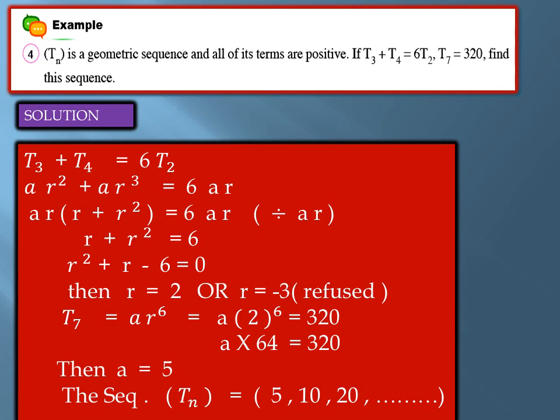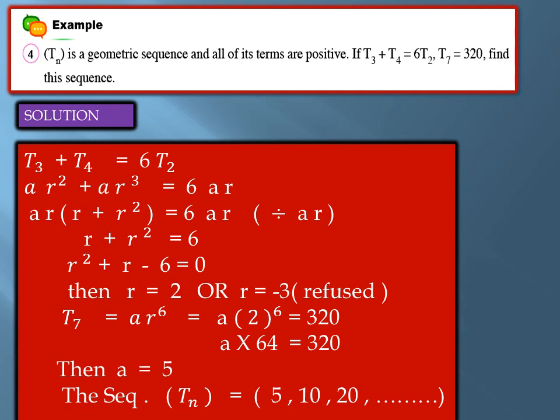We want the first term A. How? The next part is T7 equals 320. Then T7 equals AR to the power 6 equals 320. Substituting R by 2, A times 2 to the power 6 equals 320. 2 to the power 6 equals 64.